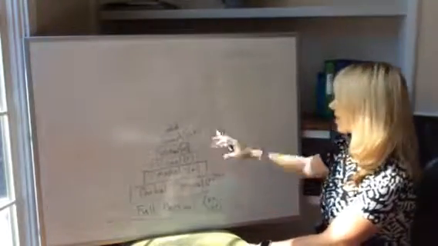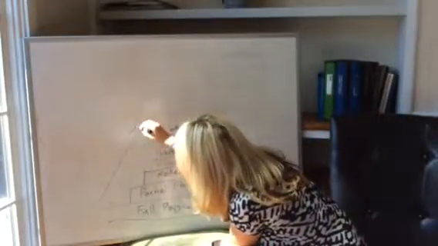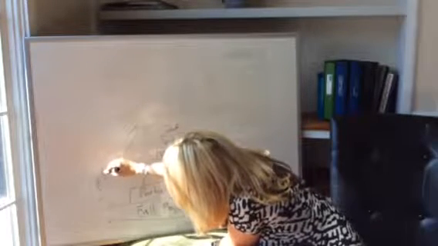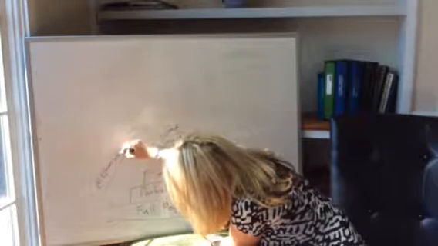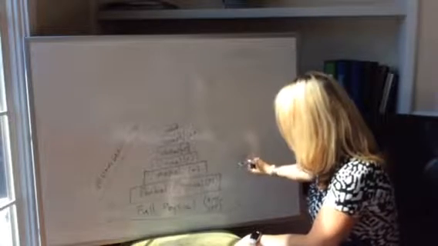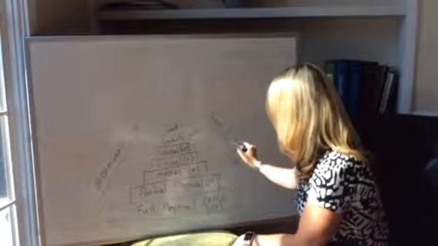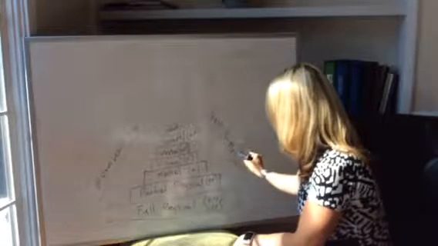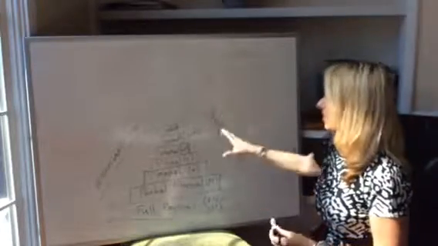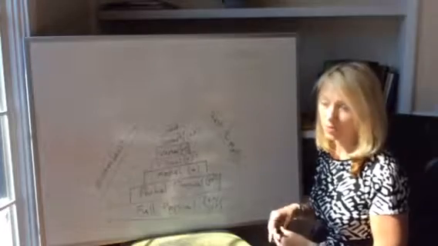Okay? So that is our hierarchy. So if we are going this way, we are going most to least prompting. And if we're going from the top down, we're going least to most. So again, for the most part, you're going to be using least to most prompting to try to encourage that independence with our students.